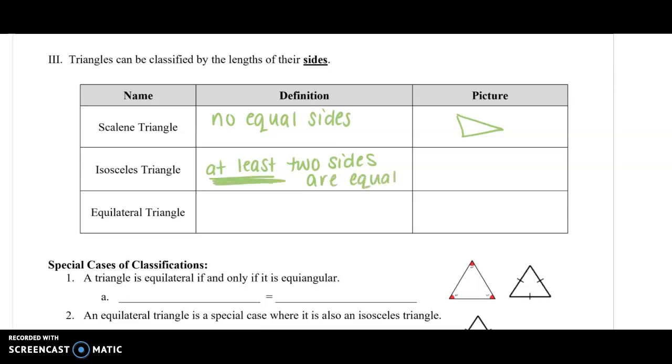At least is a key word there. So that could look something like this, where those 2 sides are equal. Last one is an equilateral triangle, where all 3 sides are equal. And that would look something like that, okay?